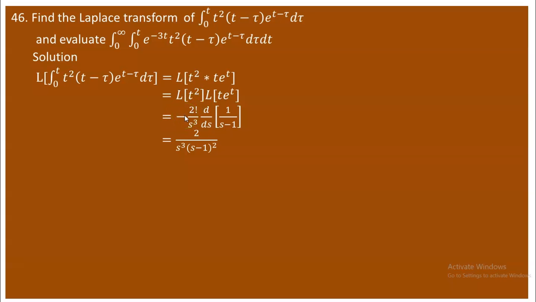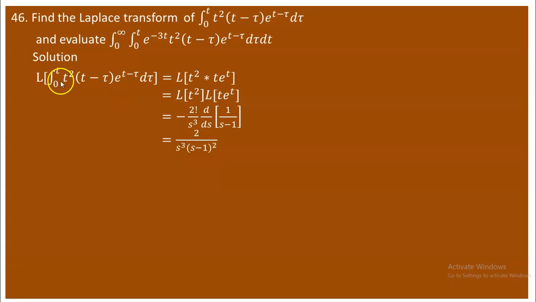Now we undergo the first derivative, which can easily be obtained using the quotient rule. This will be 0 minus 1 over s minus 1 the whole squared. The minus sign cancels the minus sign, and finally 2 over s cubed times s minus 1 the whole squared comes.